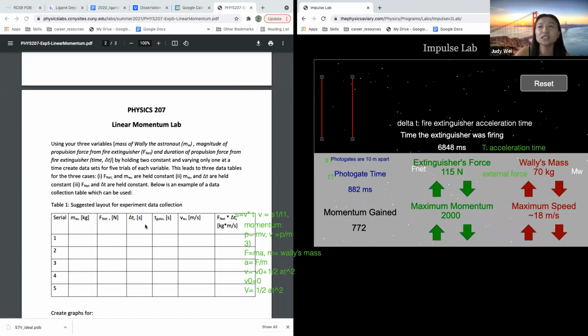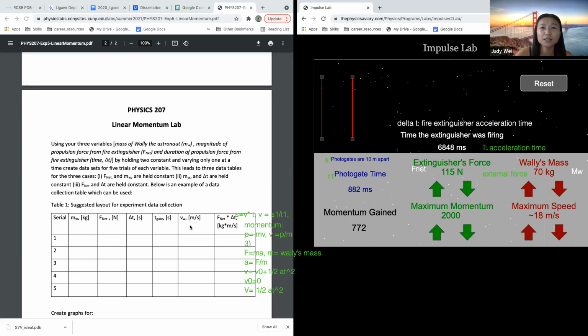Delta T is when you stop, so you basically read it from here. These 5 times will be different, and the T gate time you can record here.